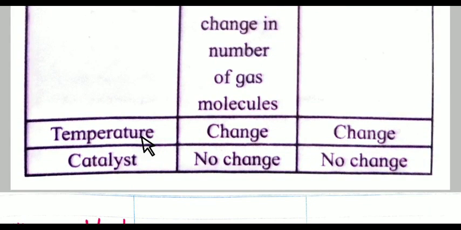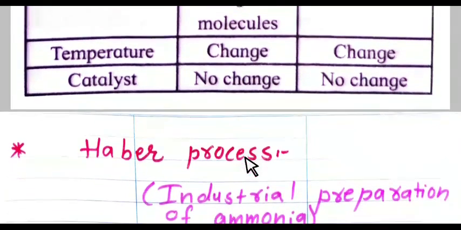But if temperature changes, there is a change in the equilibrium constant. Catalyst: no change in equilibrium constant, because a catalyst has no effect on the equilibrium constant. So it is summarized for the equilibrium constant.